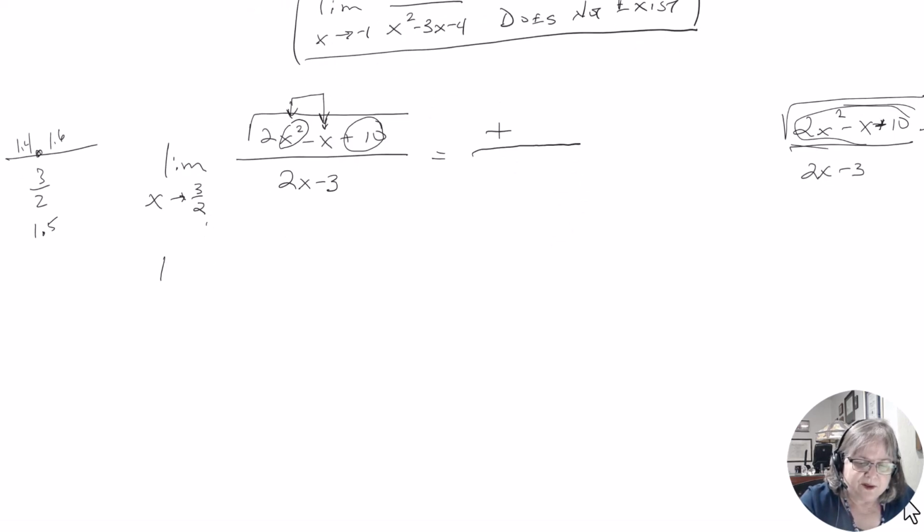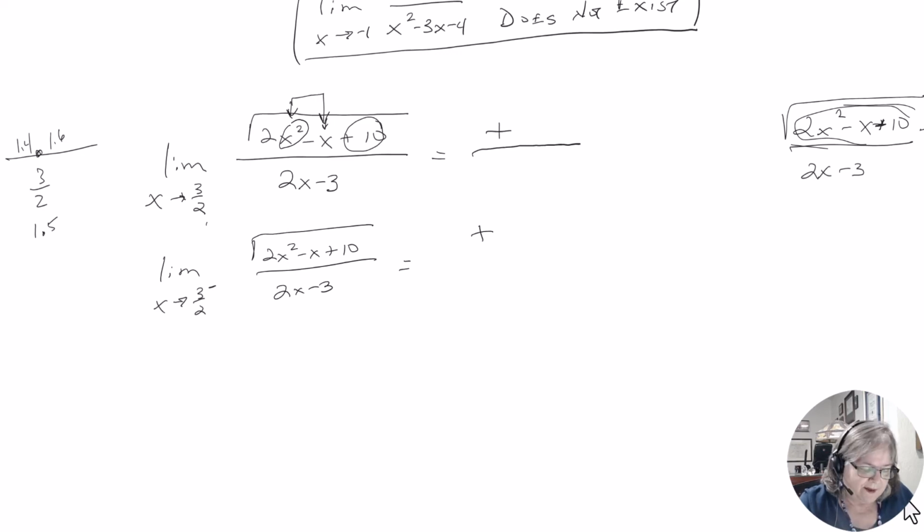So let's do the limit as x approaches 3/2 from the left. And this is always going to be positive. And when you approach it from the left, you're going to get a negative number. So this is going to be negative infinity.